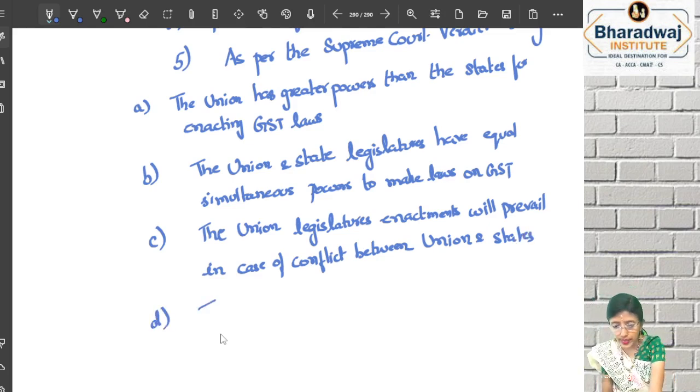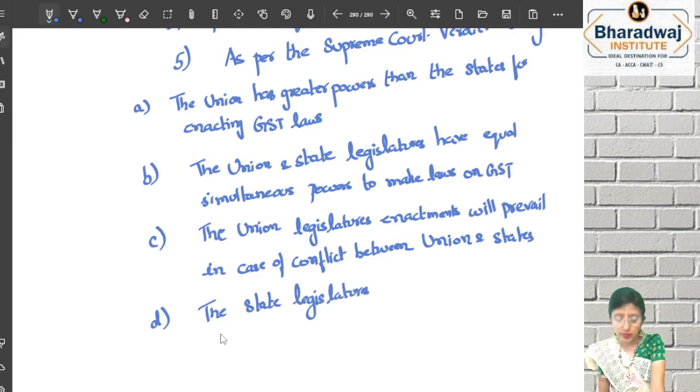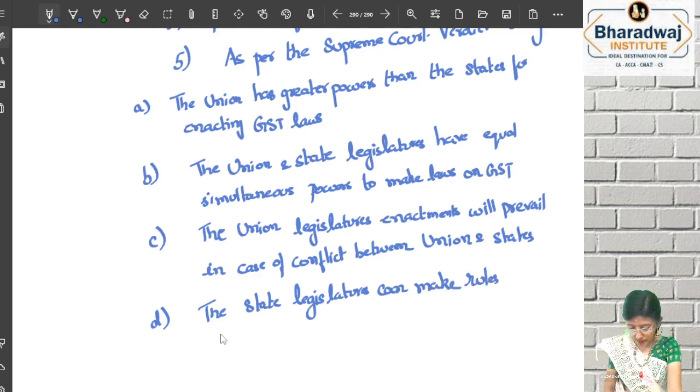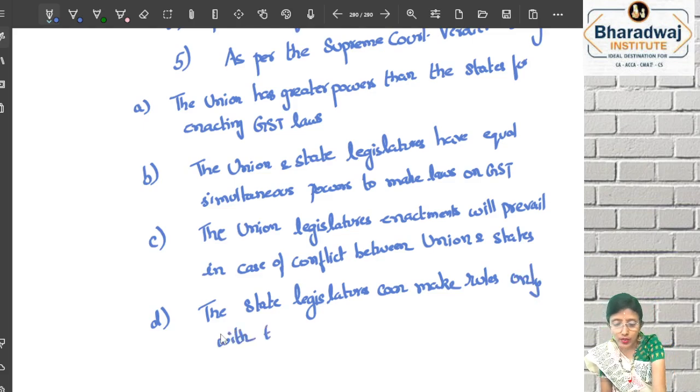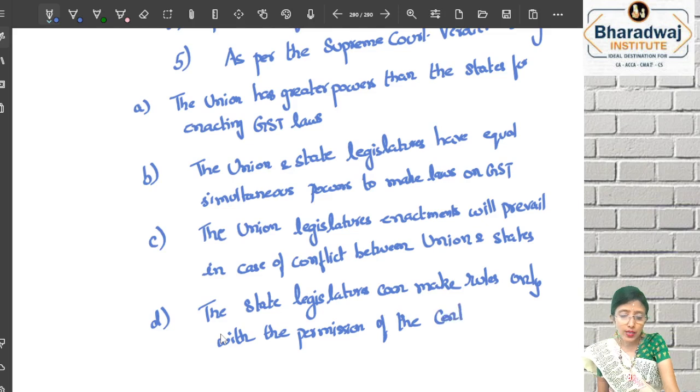And the last option is the state legislatures can make rules only with the permission of the central government.